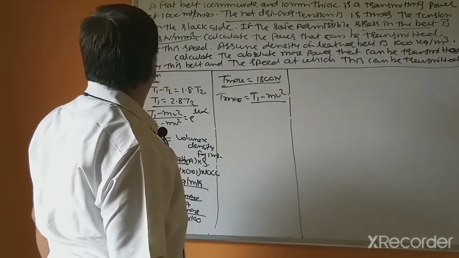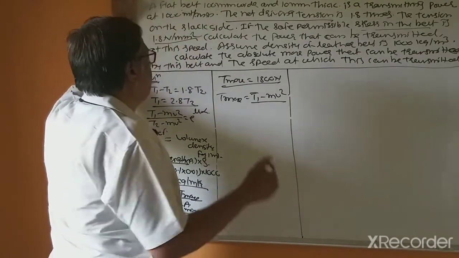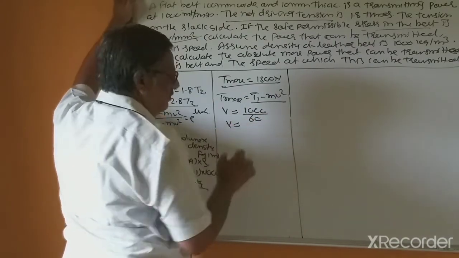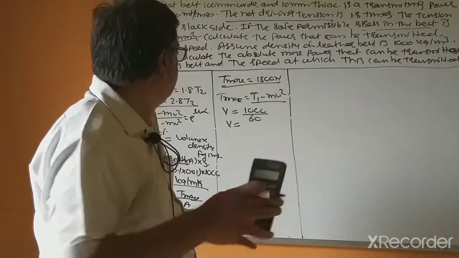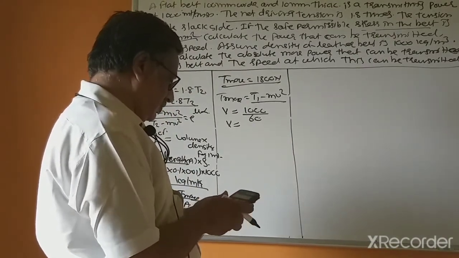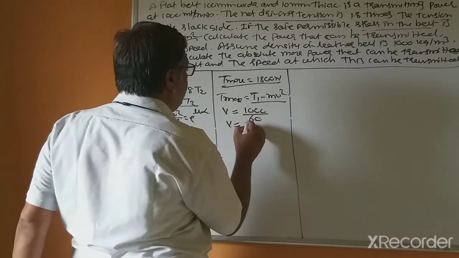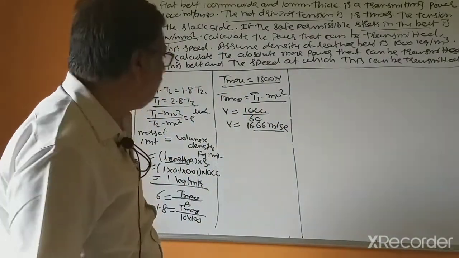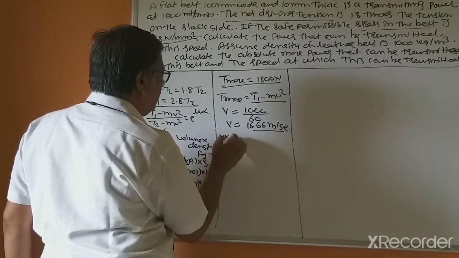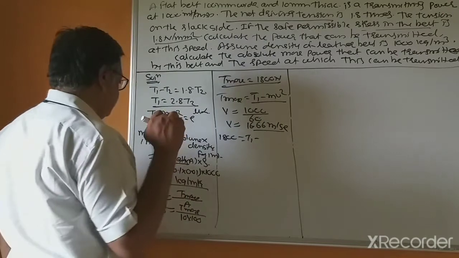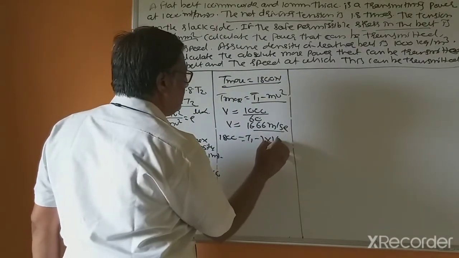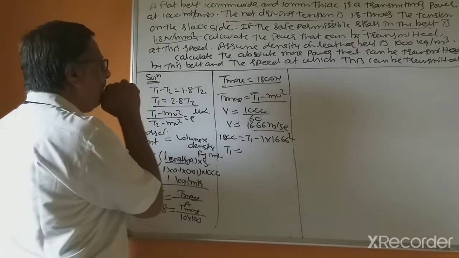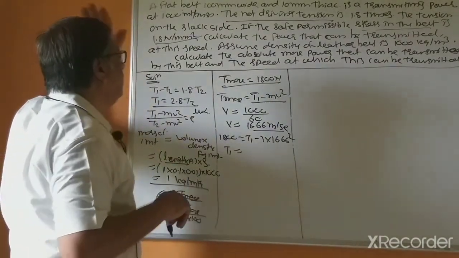V is given as 1000 per minute, so V equal to 1000 divided by 60, equal to 16.66 meter per second. Now you can calculate T1.